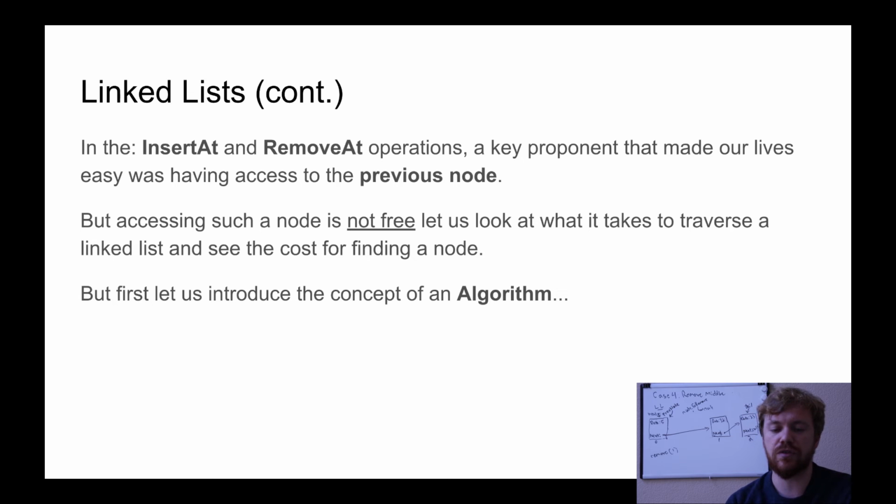And so what it takes is traversing a linked list. But in order to understand traversing a linked list, we first have to understand the concept of an algorithm. Because what I mean by traversal is finding or searching, which is the basis of an algorithm.